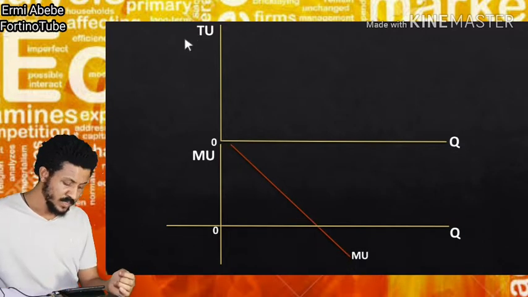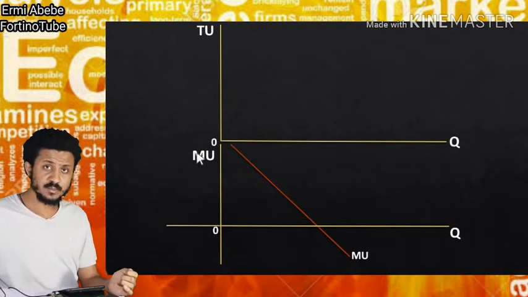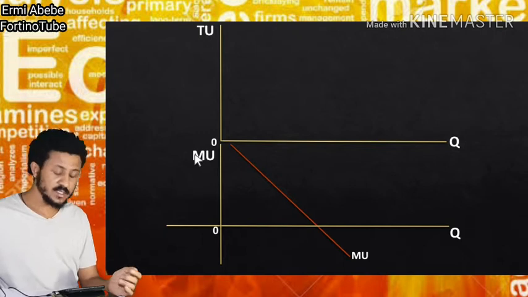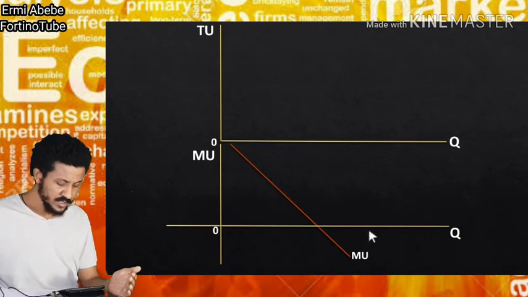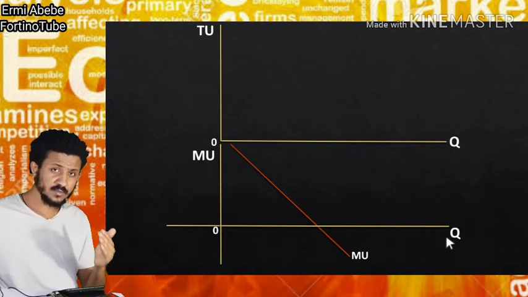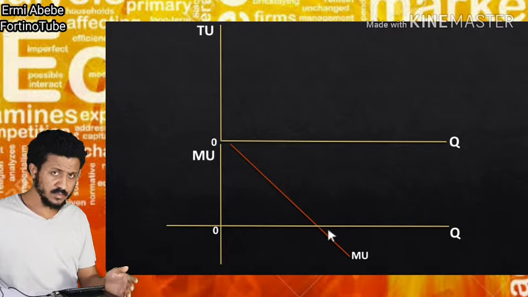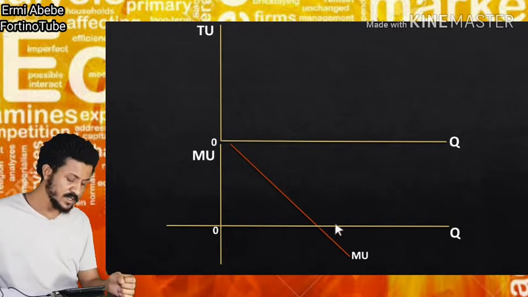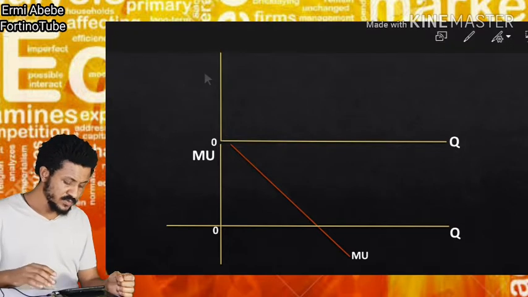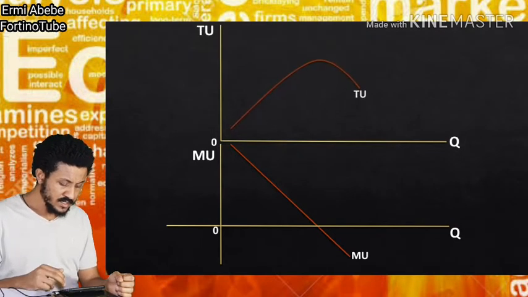Because of the law of diminishing marginal utility, marginal utility is a downward sloping curve, which means that when the quantity of consumption increases, marginal utility is a decreasing curve.